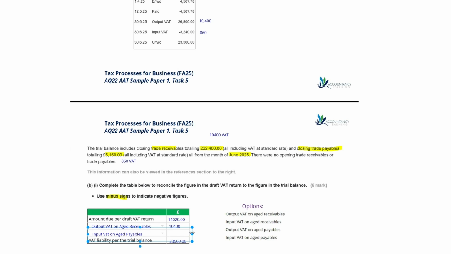And that's minus, because remember the input VAT is what we claim back from HMRC. Let's just change the format of that one. So when we add on the output VAT and take off the input VAT, we then get to the VAT liability for the trial balance.